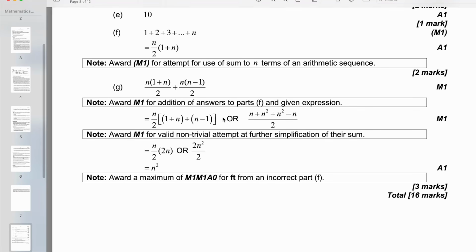Another method mark seems to want it all over a common denominator, with potentially expansion or factoring out n over 2, which is interesting. And in the final point, they're asking for the endpoint, this n squared. So, showing black triangles plus white triangles, some process, and then the final answer. Okay. Let's go on.